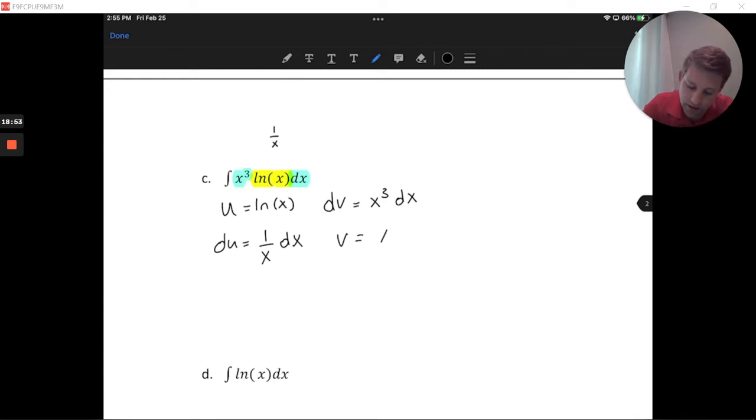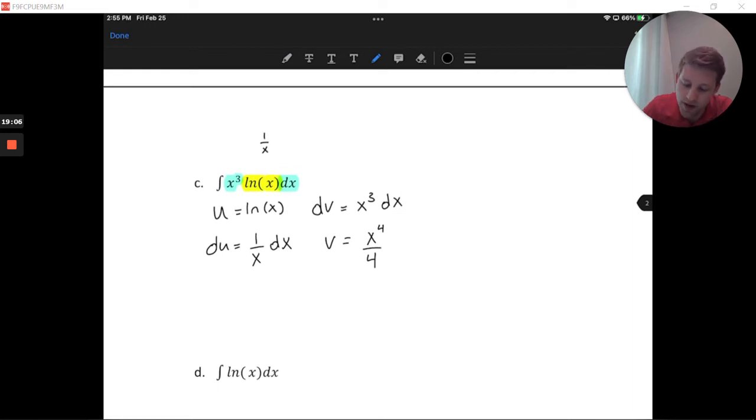So this would be x raised to the fourth, raise the power by 1, divided by 4. And that would be left there. All right, again, just as a reminder, our equation is u times v minus the integral of v du.